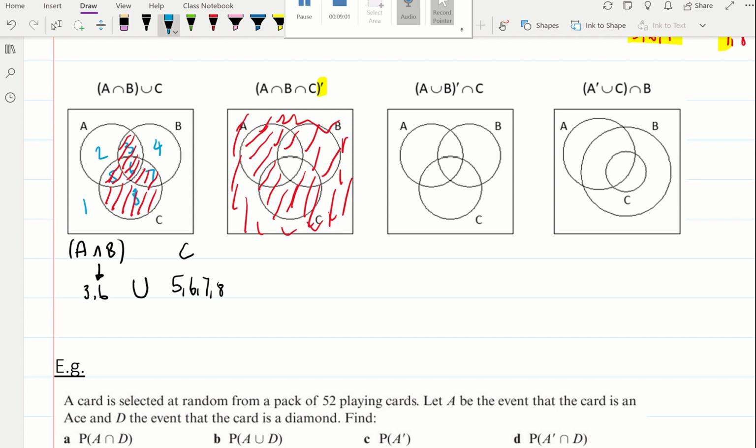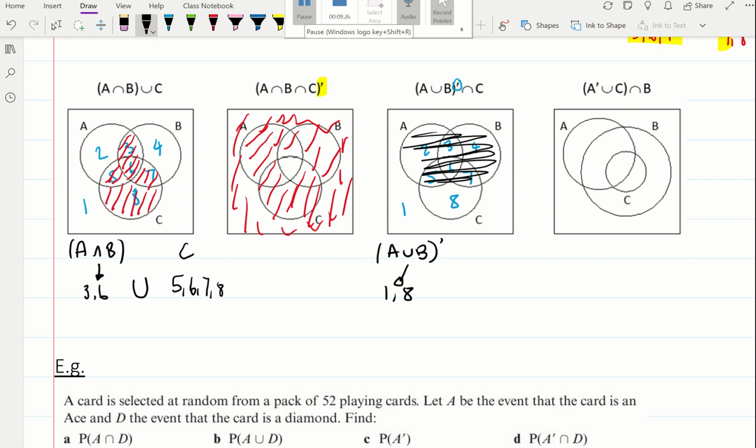I'm going to again do my numbering. 1, 2, 3, 4, 5, 6, 7, and 8. This says I don't want the union of A and B. Well, here's the union of A and B. All of A and all of B. So really, if I don't want that, the complement of the union of A and B is 1 and 8.